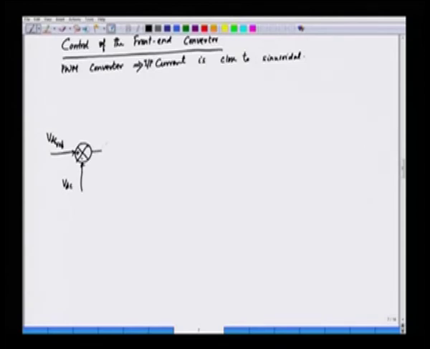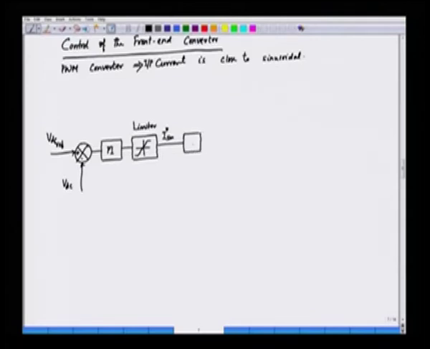and then we have a PI controller which is followed by a limiter, and then we generate the peak value of the current, Im.